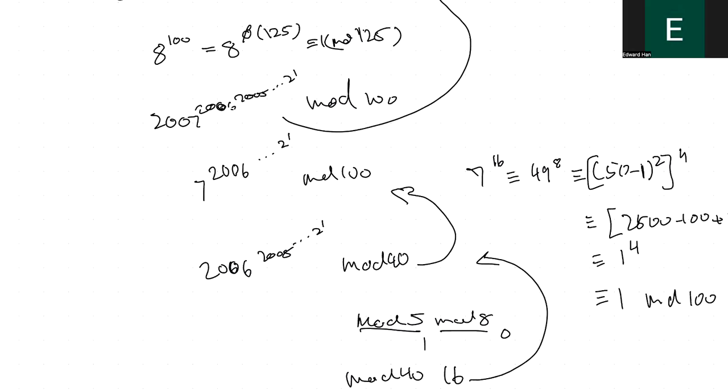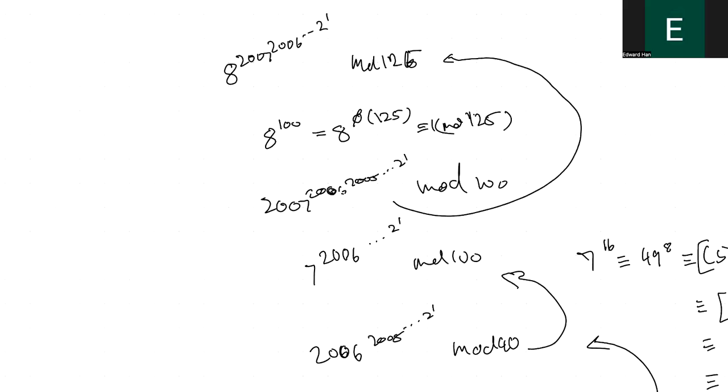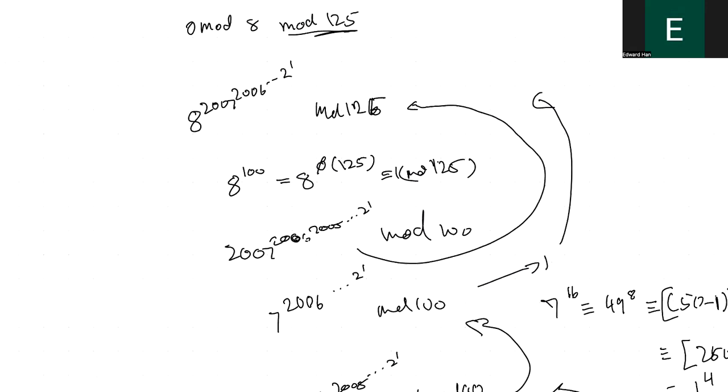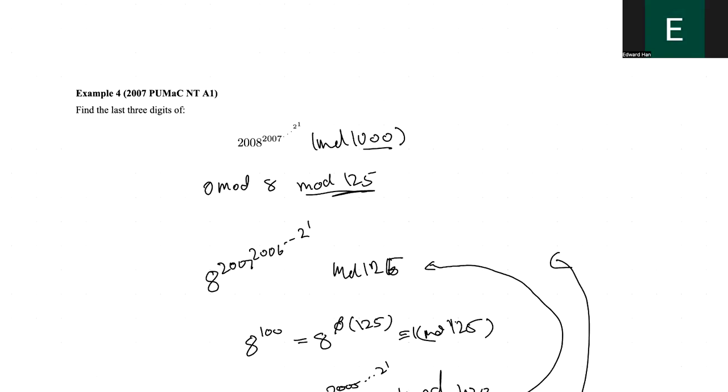Oh, okay. So then we can go back here. Here we got 1, so we can substitute it back here. Moving all the way back, we find we were just doing 8 to the 1 mod 125. And that's 8, right? So our answer is 8 at the end. The last 3 digits are 8.